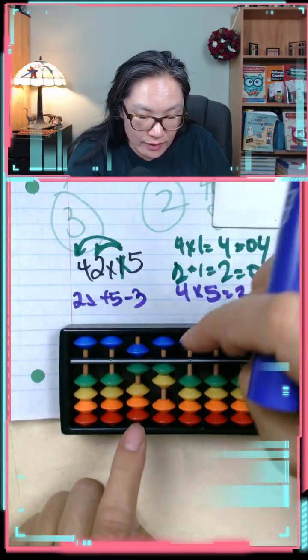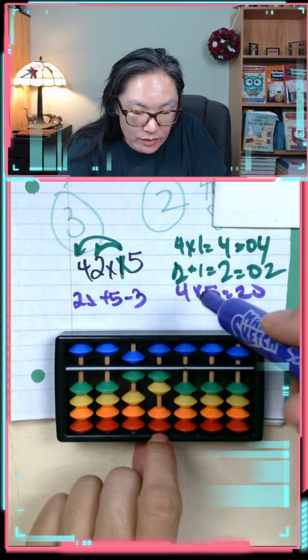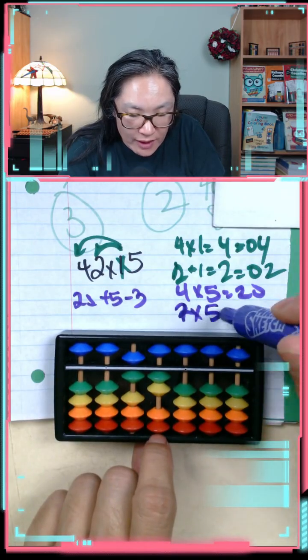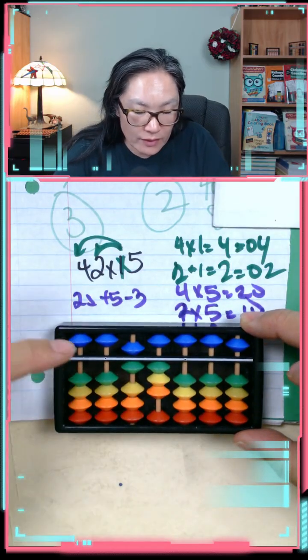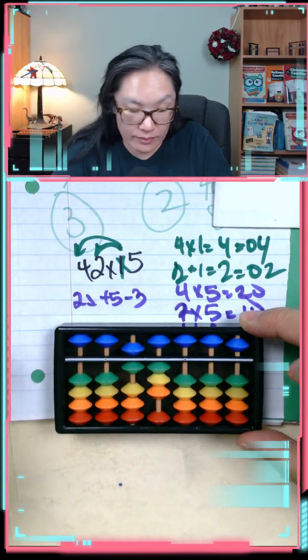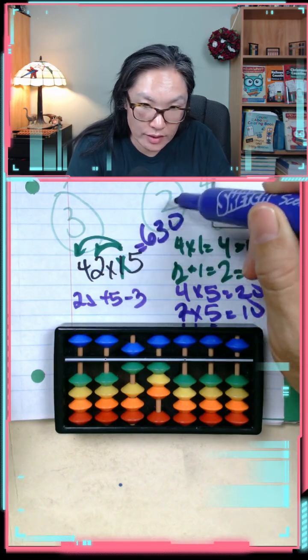Plus the 5, take away the 3. And then the 0. 2 times 5 is 10. Add the 1, add the 0. So my final answer is 630.